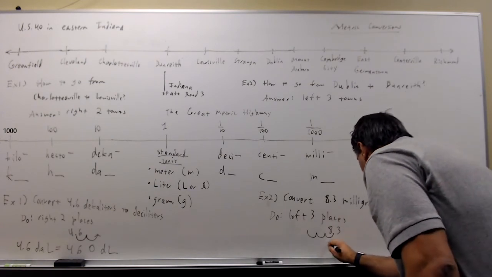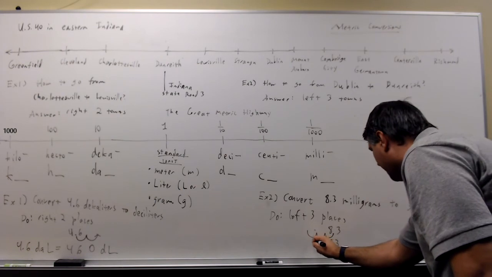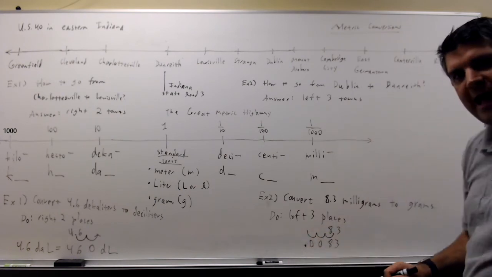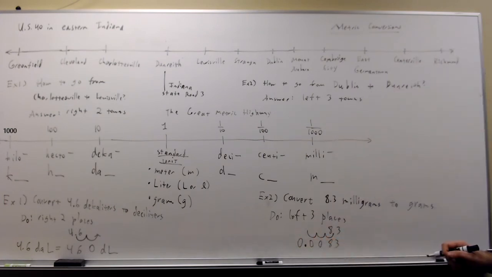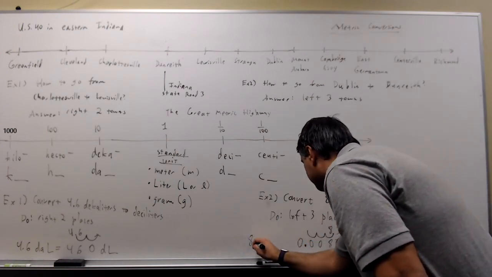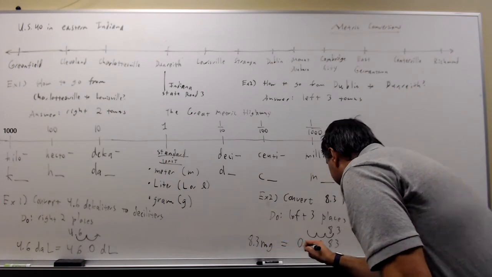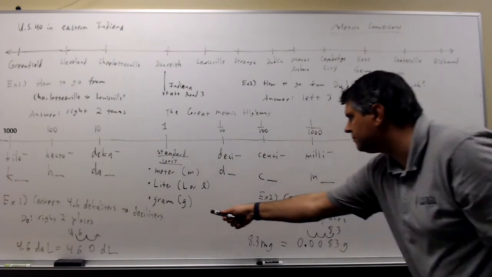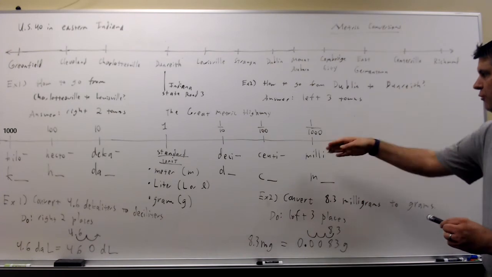So I have my 8, I have my 3, empty hump points me to a 0, empty hump points me to a 0. I'm going to put a decimal point before all that, and I'll put a decimal 0 before that decimal point as well. So, 8.3 milligrams equals 0.0083 grams.